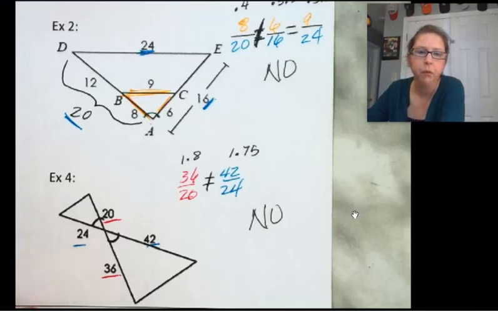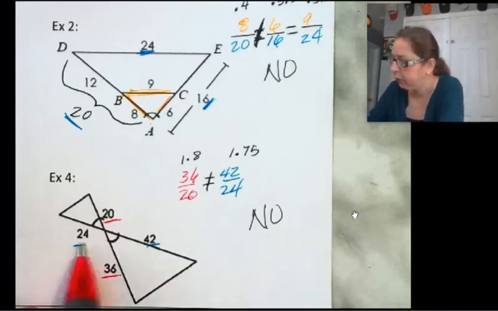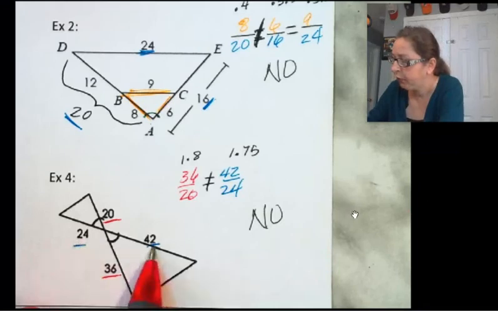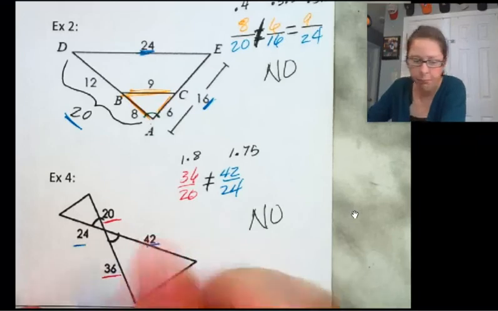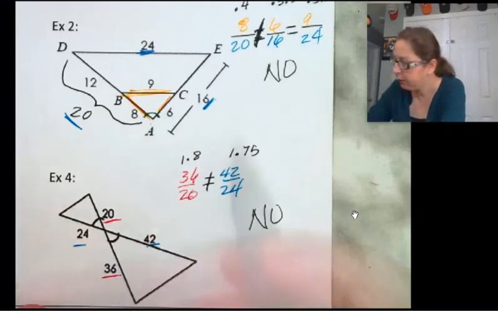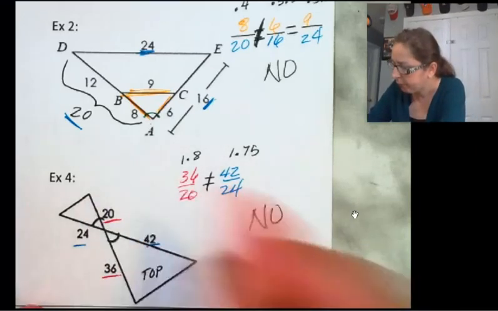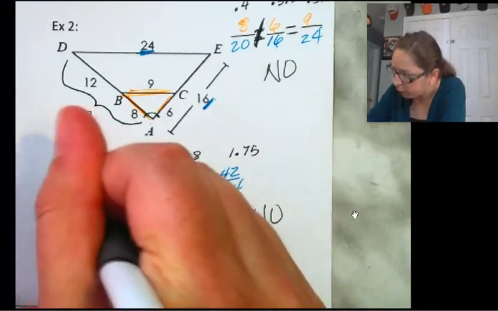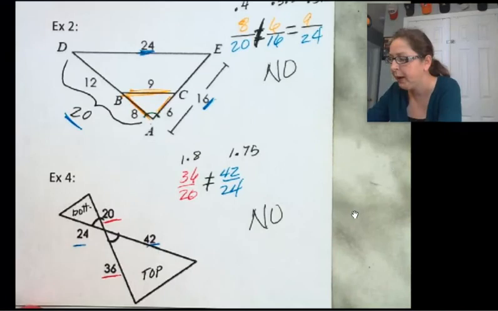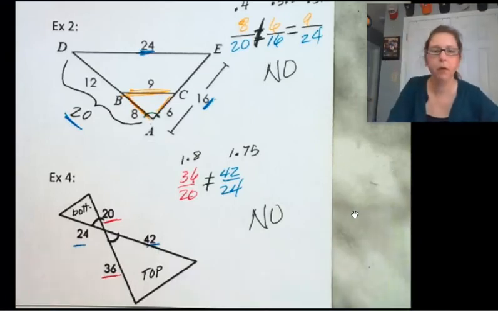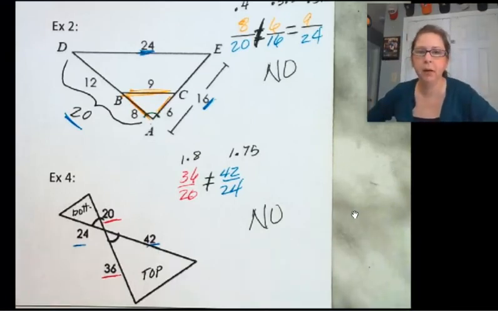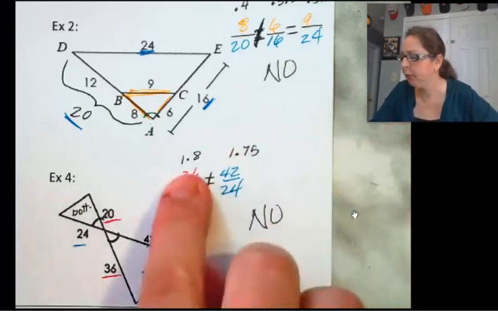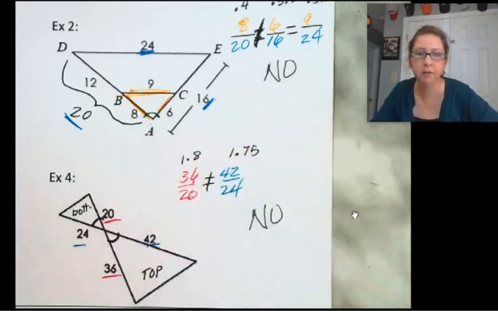And then 42 is the larger, 24 is the larger. So I put this triangle on top and this triangle on bottom when I did my proportion, okay? All right, guys. And then, of course, I used my calculator, and 1.8 is not equal to 1.75. It's really close, but not equal.